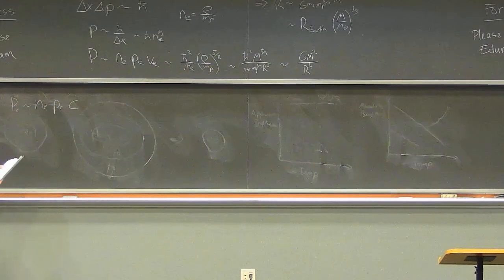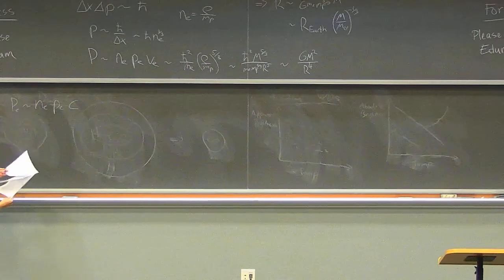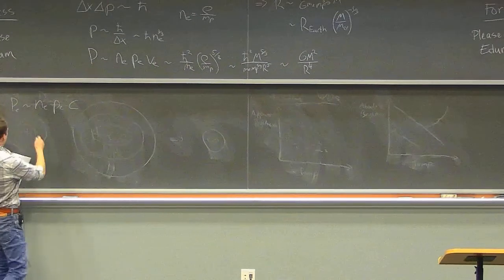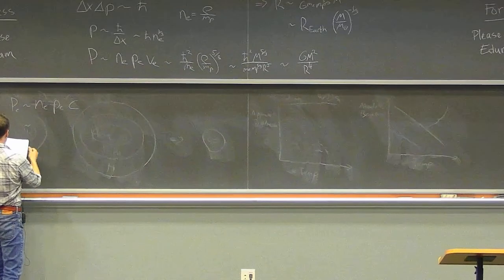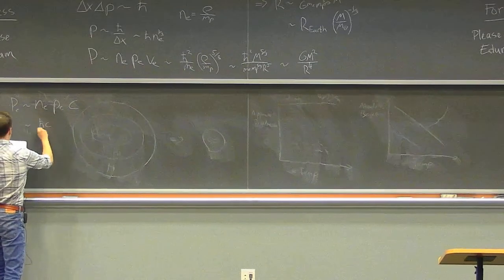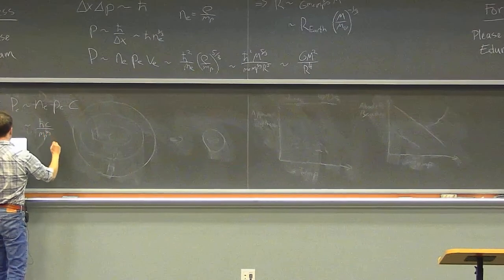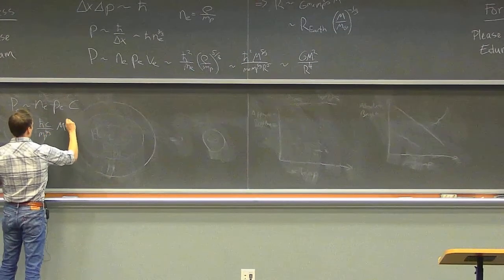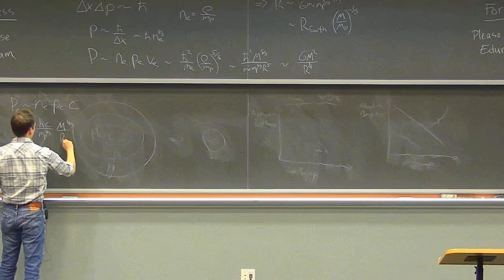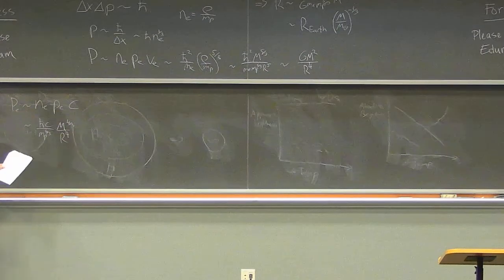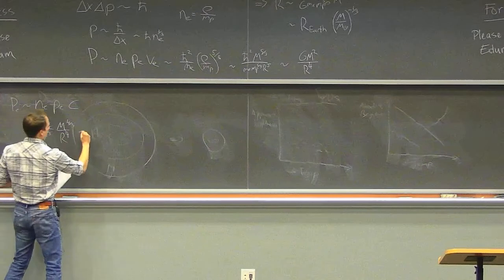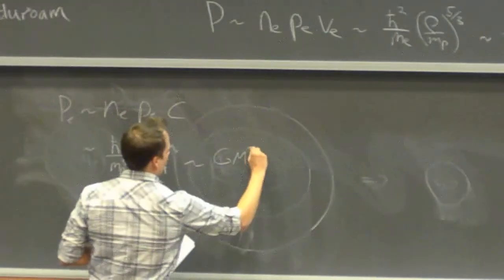You can work through the exact same algebra, and this works out to ħc over (m_p)^(4/3) times M^(4/3) over R^4. We're again going to equate that to the pressure you need to hold up the white dwarf.